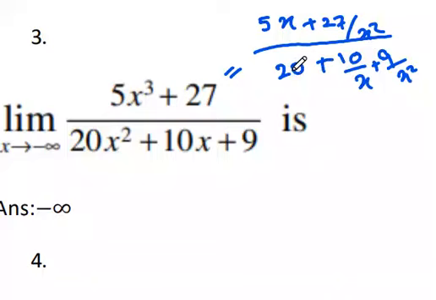This is a constant value, and as x goes to minus infinity, this term also goes to minus infinity. Therefore, all these terms go to 0, and we are left with these two. So 5x over 20. As x tends to minus infinity, this term goes to minus infinity, right?